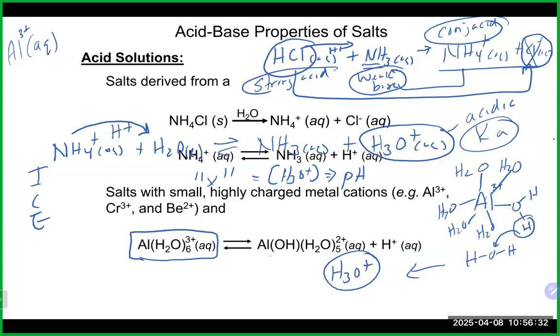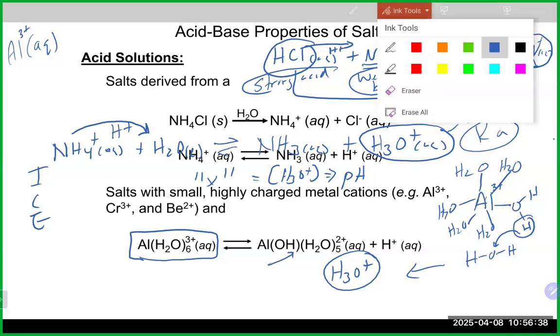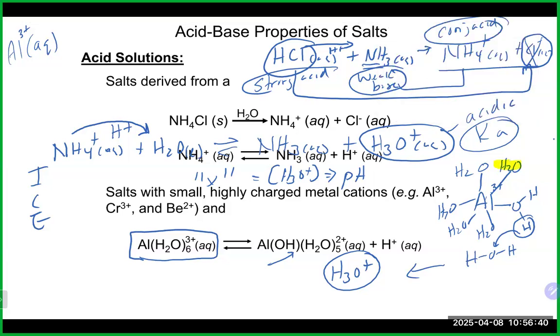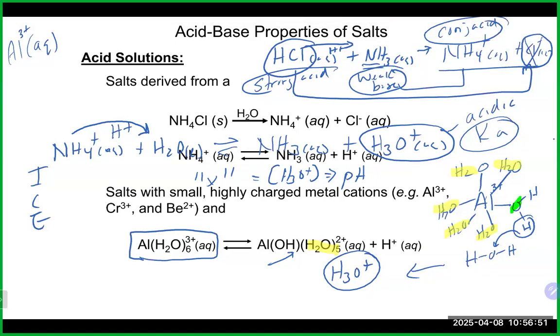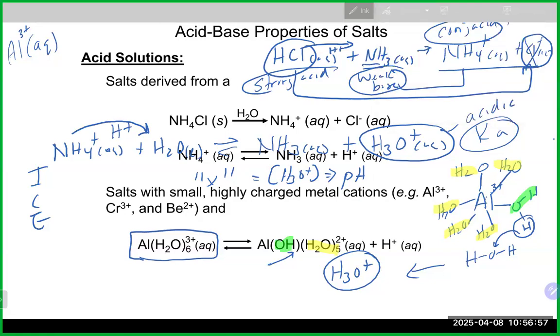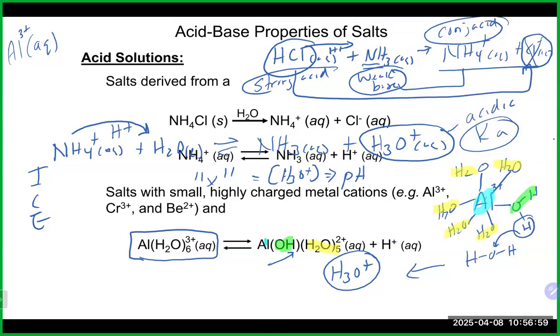If you're wondering how we get to this crazy looking formula here, it's quite simple. If we look at what just happened, we still have 1, 2, 3, 4, and 5 waters still intact. We took off a hydrogen, an H plus, from one of the waters, and we're left with an OH, which is that guy. And obviously, we still have our aluminum in the center, which is that guy.